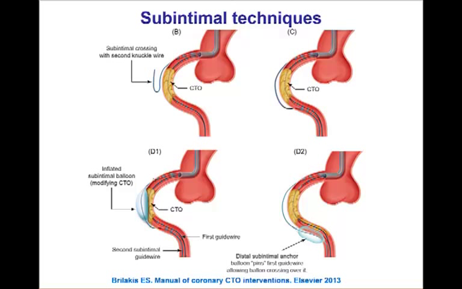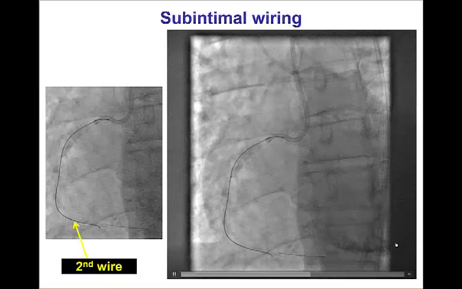The second approach is to take a balloon and try to crush the plaque, potentially modifying it enough to allow antegrade advancement of a balloon. The last option is what we call the distal subintimal anchor, in which a balloon is advanced over the subintimal guide wire, pinning the first guide wire and allowing balloon crossing over the first guide wire.